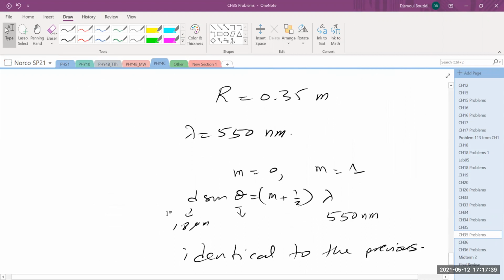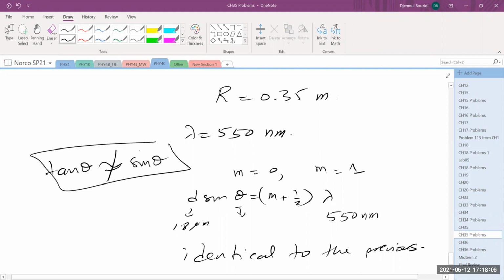Lambda over d is not necessarily a small number. The previous problem gave you a d of 0.45 millimeter versus 1.8 micrometers here. So d is now significantly smaller than before, which makes this theta big. In this case I cannot say that tangent of theta equals sine of theta.